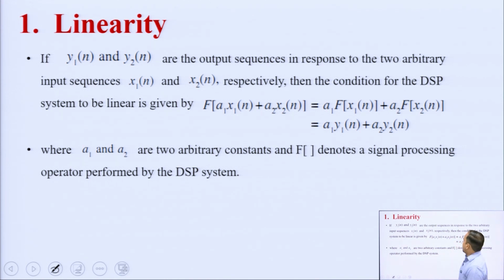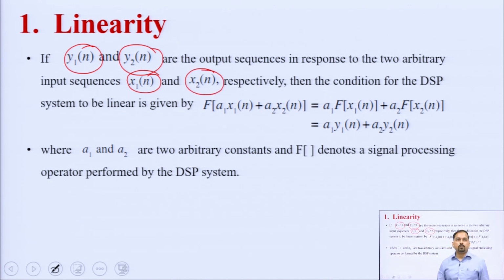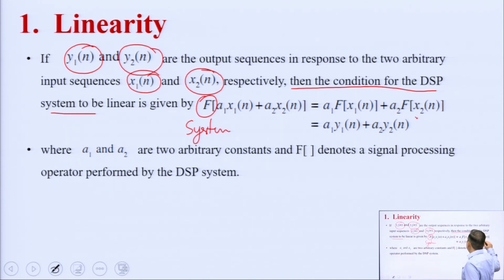As I was telling you in the last lecture also, if y1[n] and y2[n] are the output sequences to the arbitrary input sequences x1 and x2, and we apply the system to a1 times x1 plus a2 times x2, and this is equal to this particular equation, then the system is said to be linear.